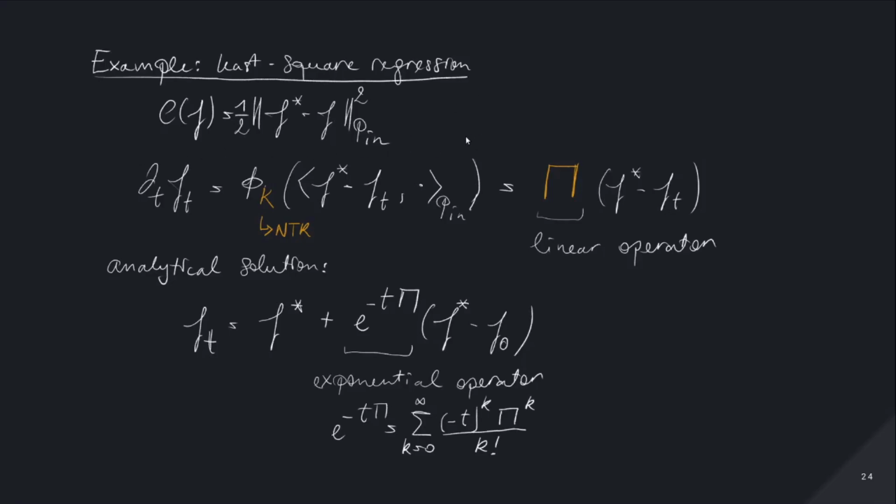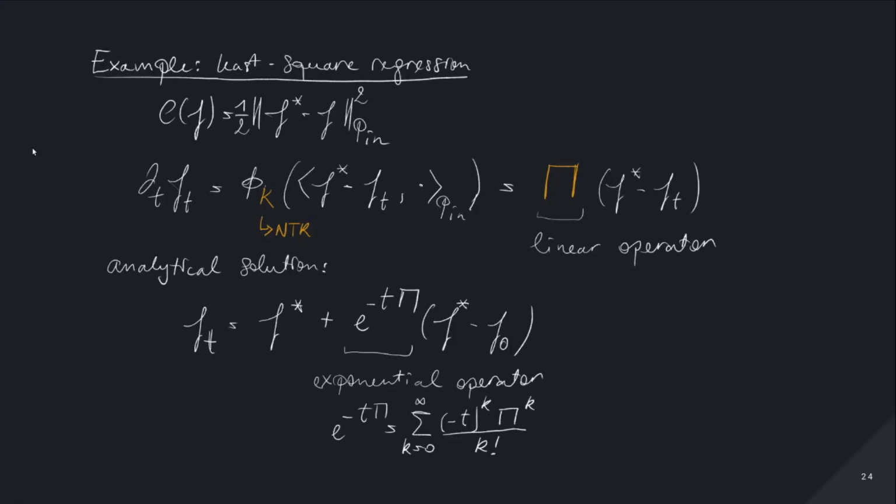If we try to train that with gradient descent, we have the NTK, and it has a pretty nice form because the derivative of this is simply a linear term, because it's a square. So applying my map phi k to this whole thing just becomes a linear map times f star minus ft. So I get a linear equation.